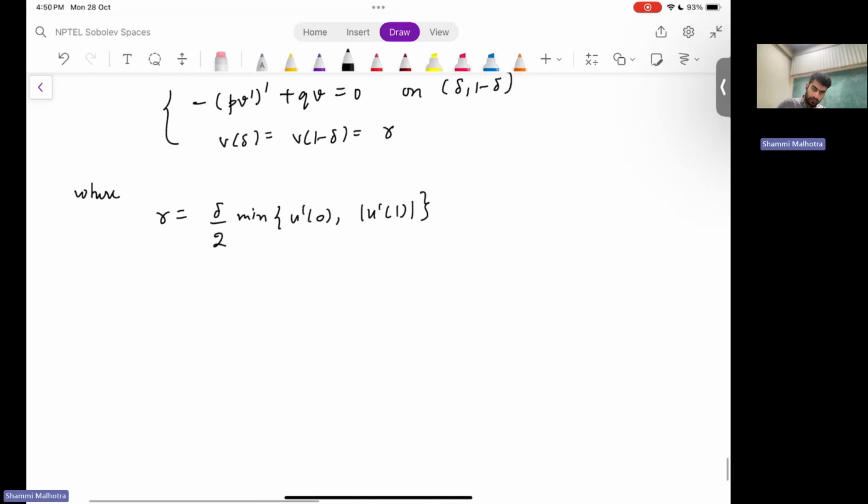And then show that u is greater than or equal to v, greater than or equal to 0 on (delta, 1 minus delta).